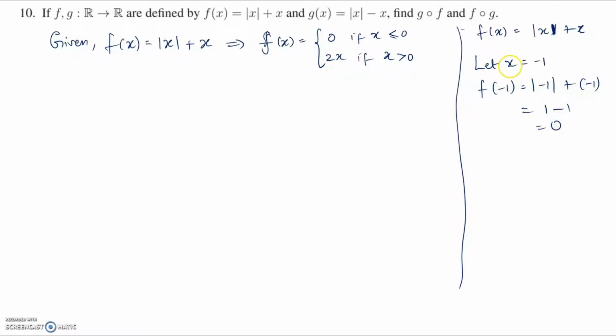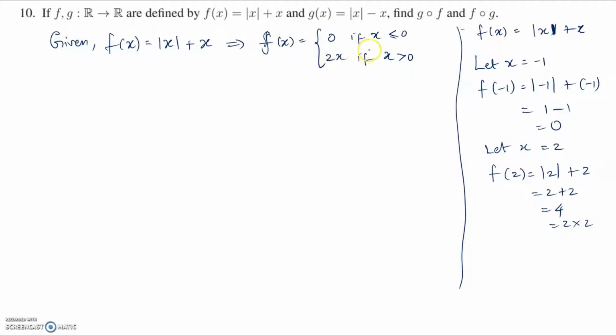So when x is less than or equal to 0, the value becomes 0. Now let x is equal to 2, which is greater than 0. Then our f of 2 will be equal to mod of 2 plus 2, which is 2 plus 2, that's 4, which is 2 times 2.